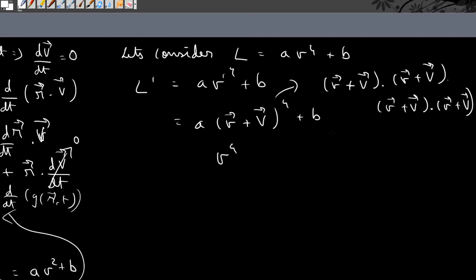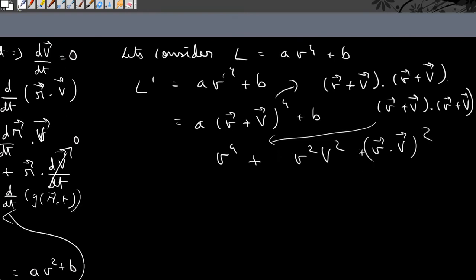If you expand this term, you are going to get some V power 4, plus terms which have V square, plus V square into v square, such forms of terms. You will get V dot v the whole square terms.